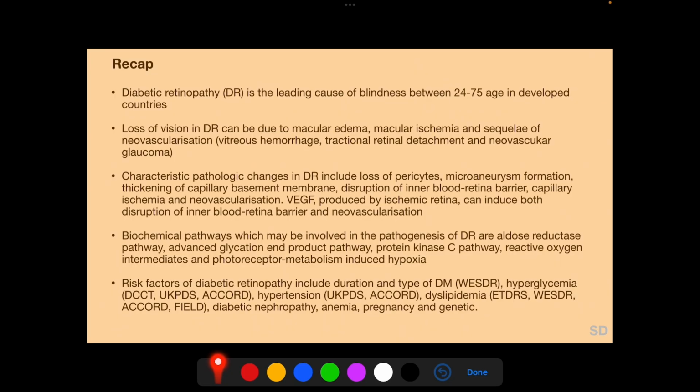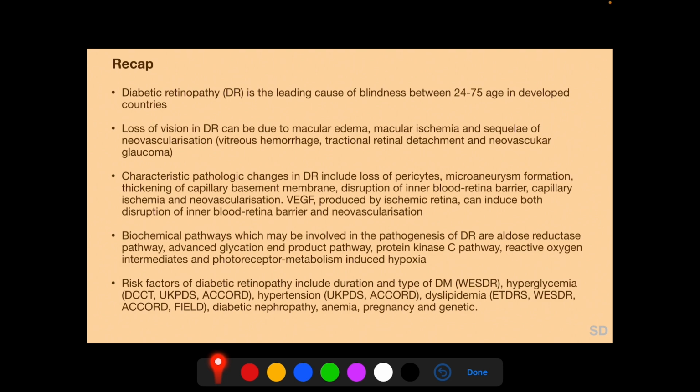To recap the salient points, diabetic retinopathy is the leading cause of blindness between 24 and 75 years of age in developed countries. Loss of vision in diabetic retinopathy can be due to macular edema, macular ischemia, and sequelae of neovascularization such as vitreous hemorrhage, tractional retinal detachment, and neovascular glaucoma.